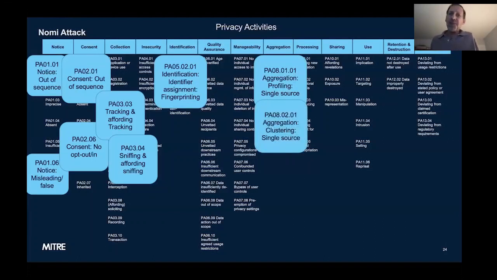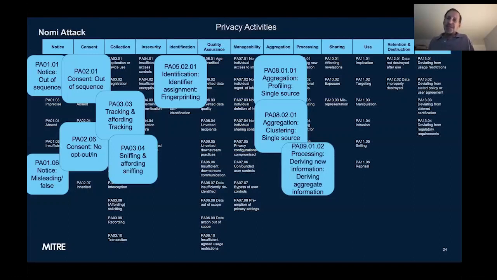But they were also doing what we call clustering, because they were aggregating all of this data, taking the individual profiles and aggregating everything together and creating a profile, in a sense, at an aggregate level for how customers were moving around the stores.